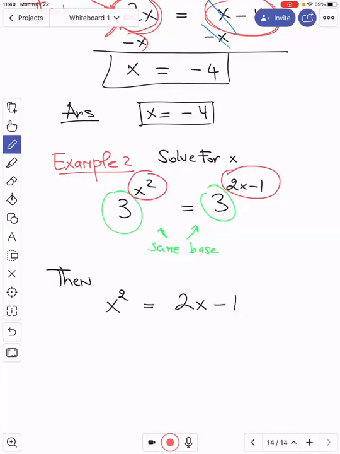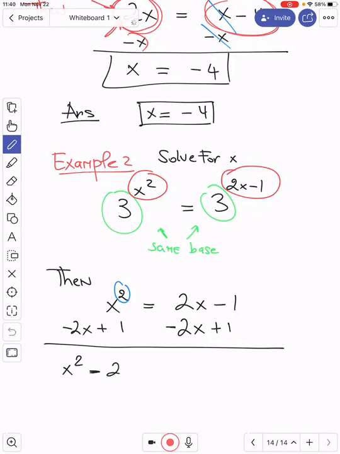Now, you have x squared, right? So when you see x squared, the highest power of x in this equation is 2, right? That reminds you of the quadratic equation. If you just move everything to the left side, for example, subtract 2x and add 1 to both sides, then on the left it's x squared minus 2x plus 1, which is equal to 0.